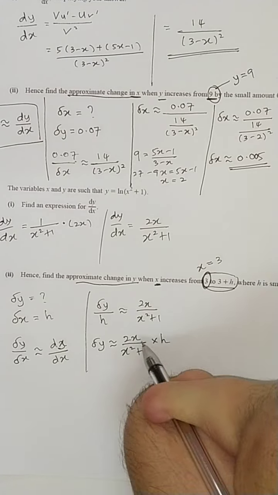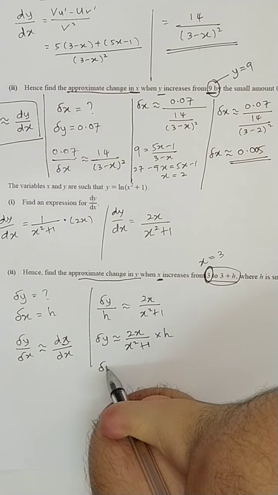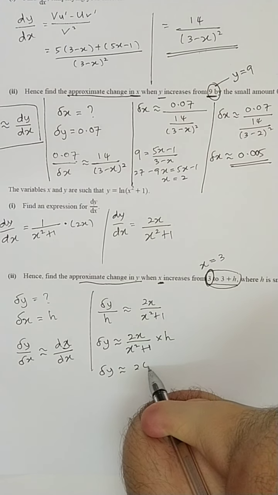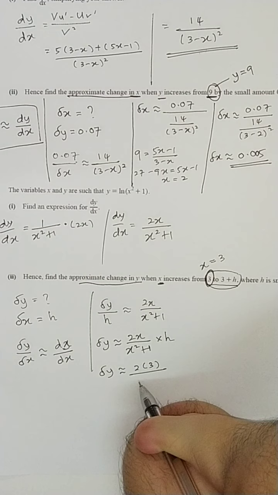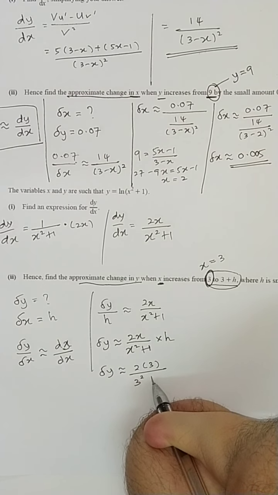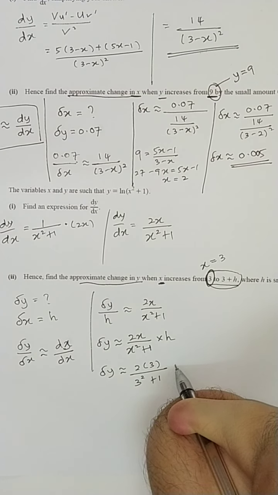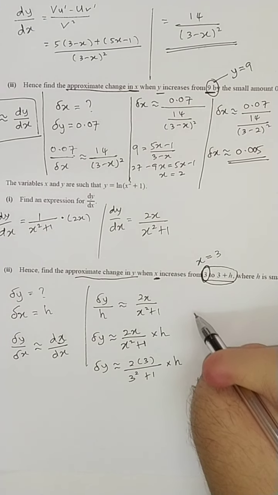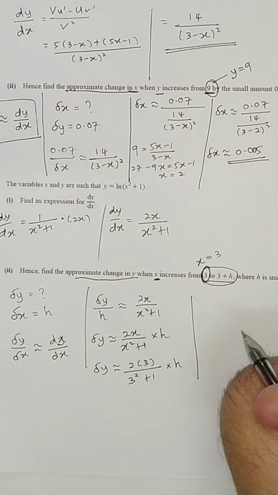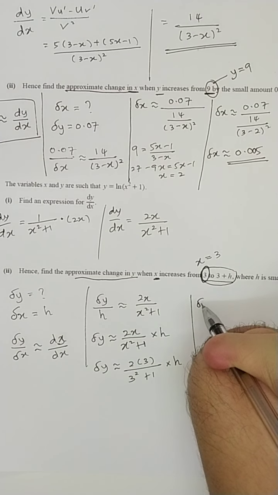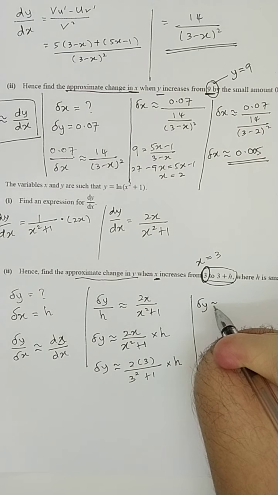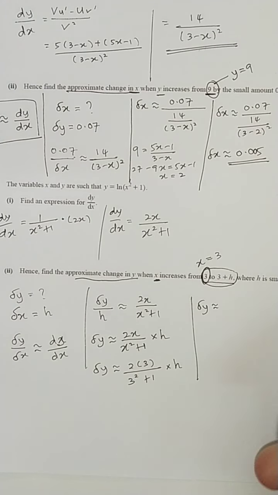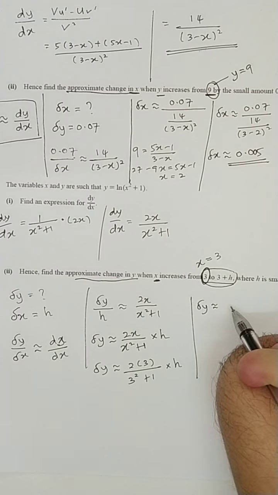Substitute inside here. So delta y is approximately 2 multiplied by 3 over 3 squared plus 1, multiplied by h. Then simplify. So this is 6, this is 10, so 6 over 10, which is 0.6.